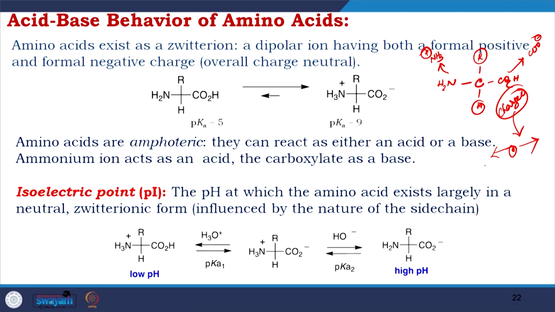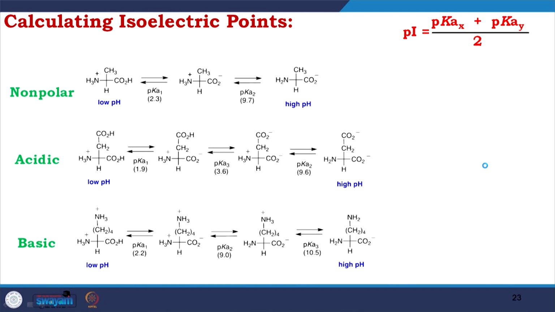So, at low pH, with a high amount of proton, it makes NH3 plus, whereas at high pH, it is more OH minus, it makes CO2 minus. So, how is that different in different amino acids? You could calculate the isoelectric points in such a way.